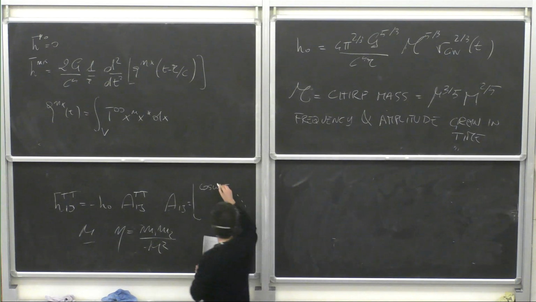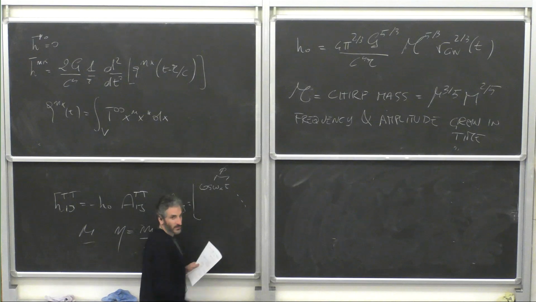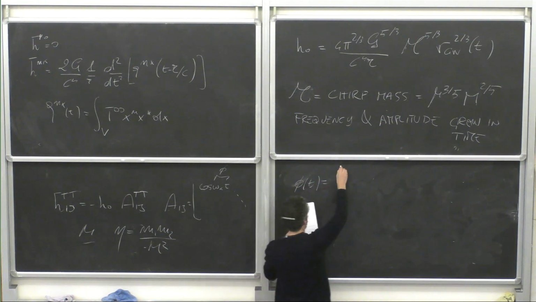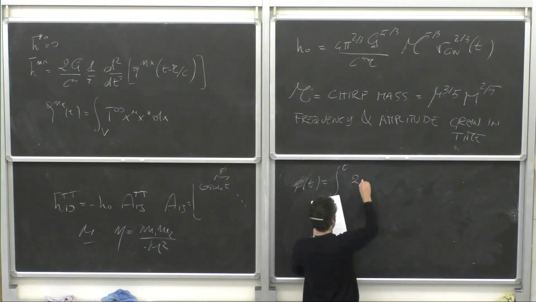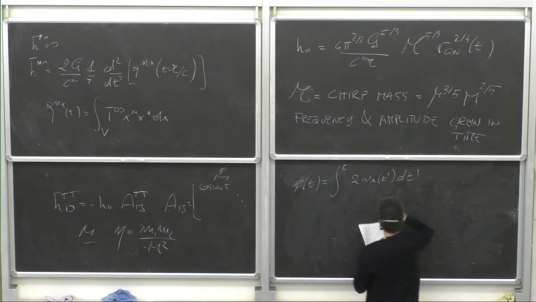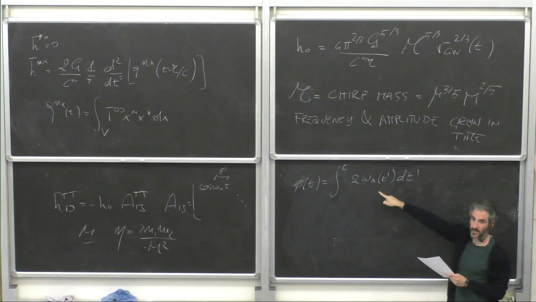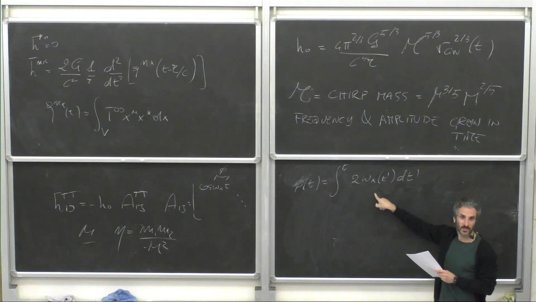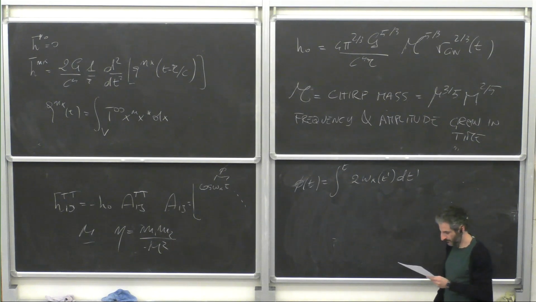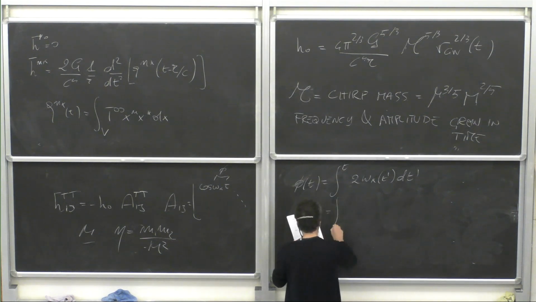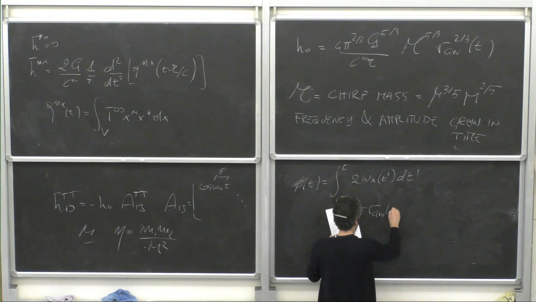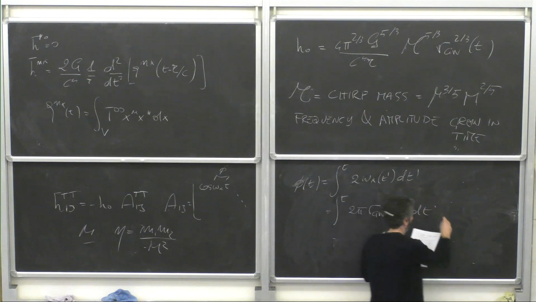So instead of this, we now need to define a phi of t, which is the integral over t of 2 omega_k(t') dt'. Because omega now depends on time, you have to integrate in order to get this phi of t. And this is the integral of 2 pi f_gw(t') dt'.